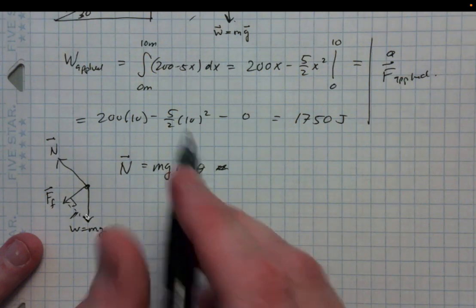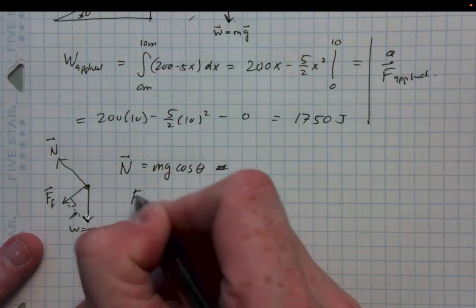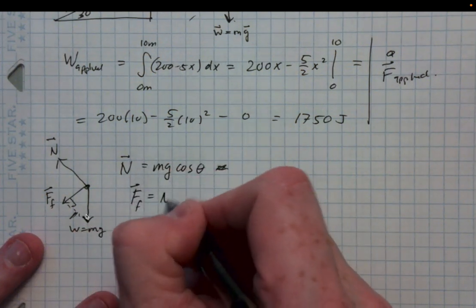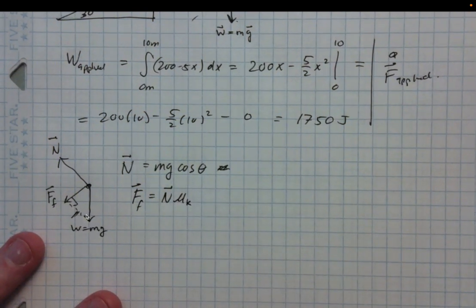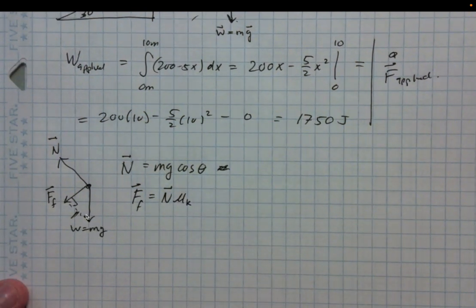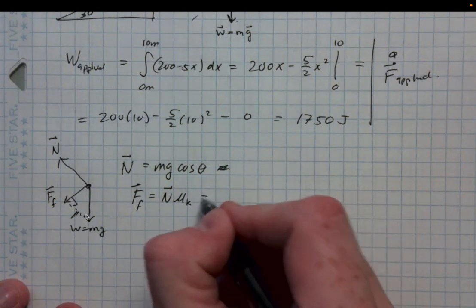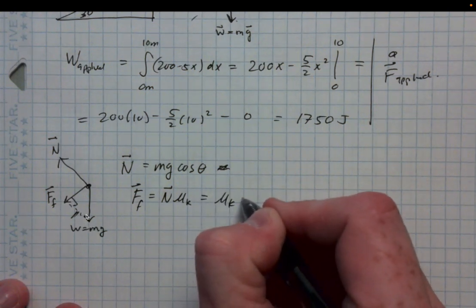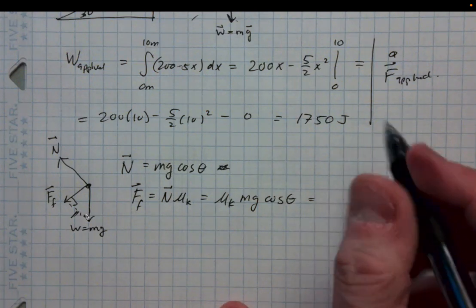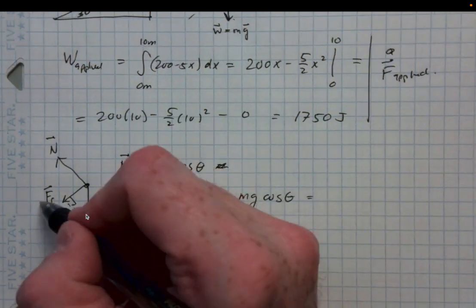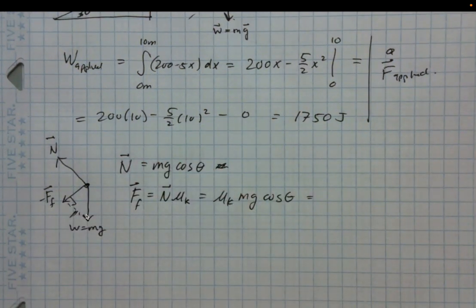So the friction force is equal to the normal force times the kinetic friction coefficient, which was a given. Altogether this is mu sub k times mg cos theta. We have all of these quantities, so we can plug this in. It's important to note that this is a negative force, based on the way we coordinatized this.